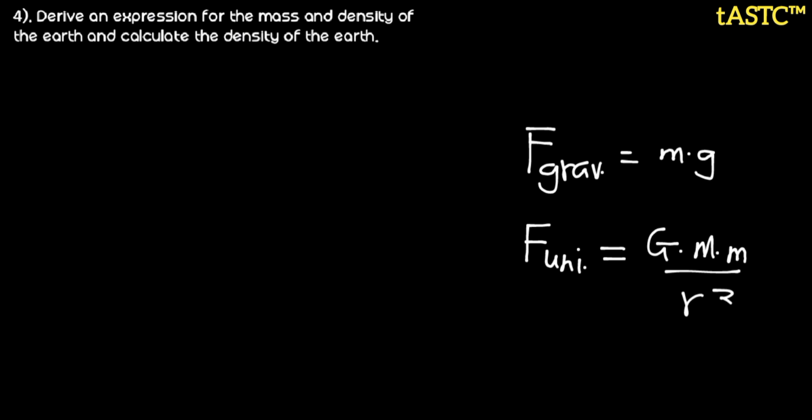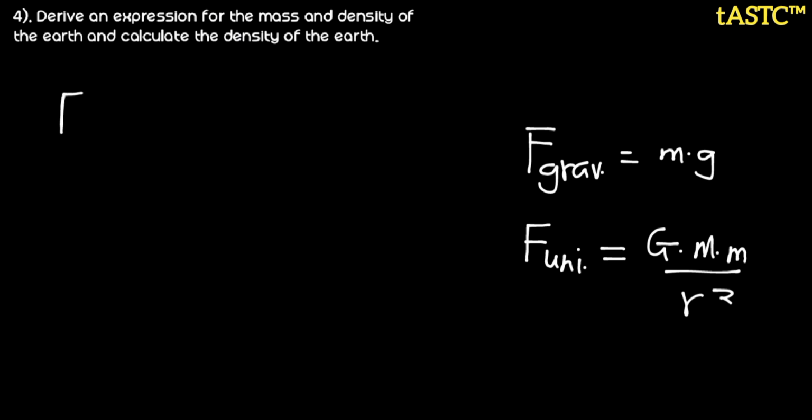Now, since the gravitational force is the same thing as the universal law of gravitation, we're going to equate these two. That would help us to get the value of capital M, because we have the mass of the object as small m, and that is also represented in the other.